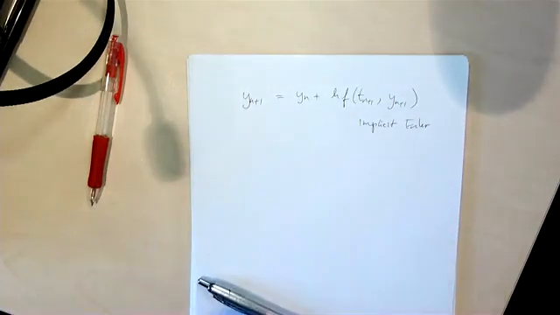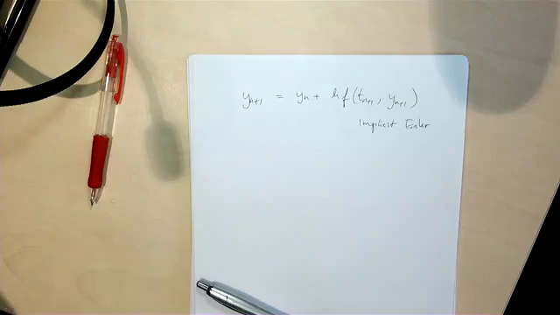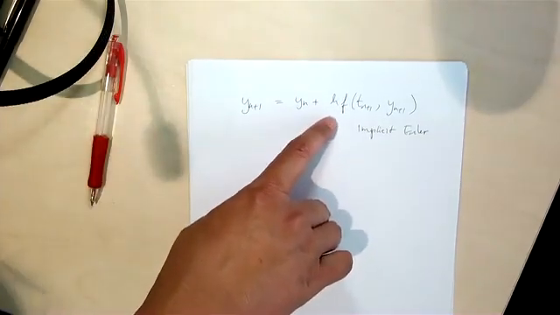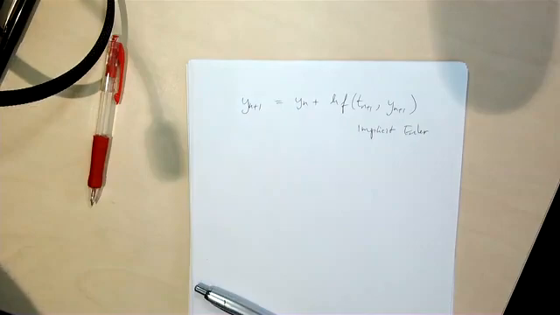Which one? Sorry. Okay. So this one is a typo. This one should be the trapezoidal method. I think it's a typo. Because this is the formula for the implicit Euler method. Okay. So this one is the trapezoidal method.